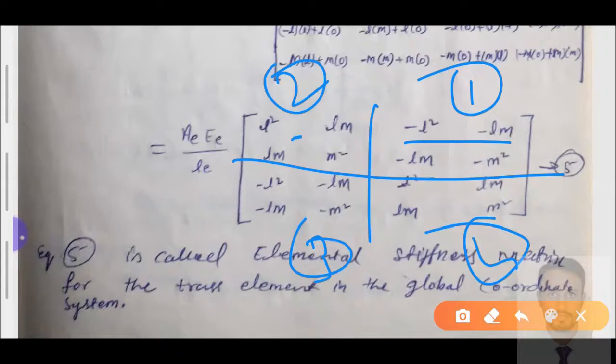Similarly the second is positive: L square, Lm, Lm, m square. Coming to the third quadrant, this is not a coordinate, I am giving this idea for remembering purposes. So this is negative: minus L square, minus Lm, minus Lm, minus m square. In the fourth quadrant, L square, Lm, Lm, m square.